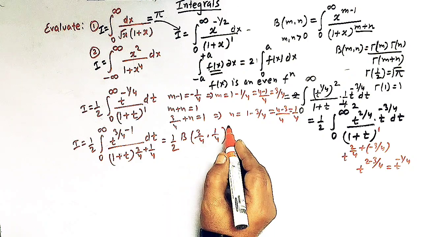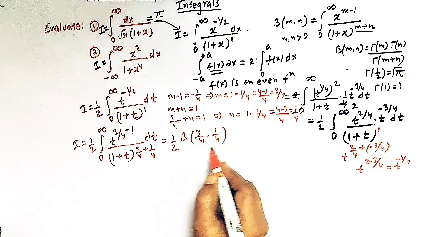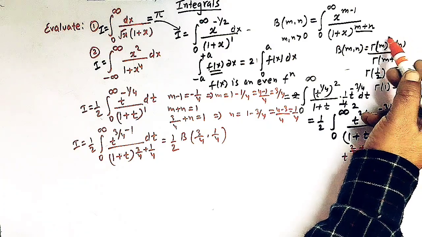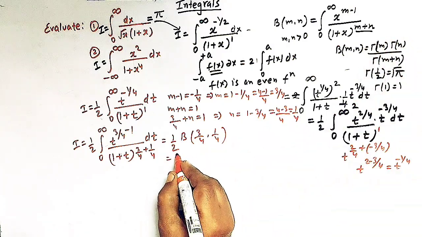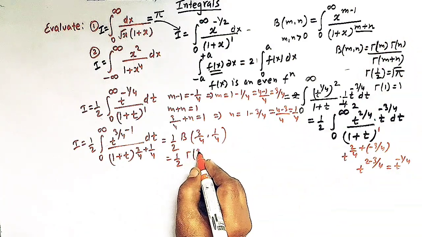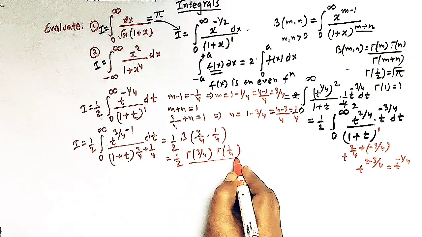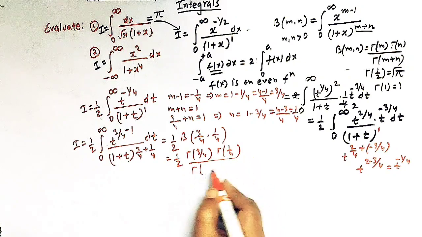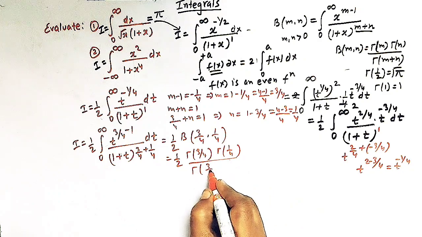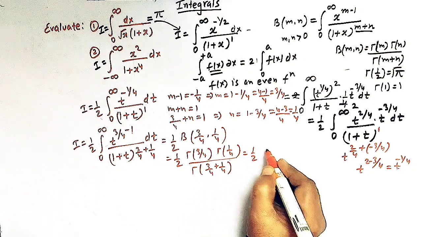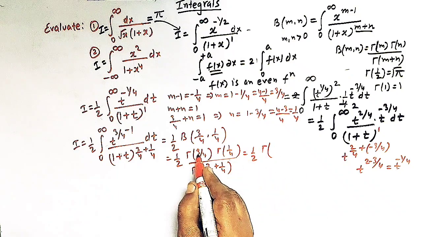So now to evaluate this expression, that is this beta function, we will again use this result. So we have half gamma 3 by 4 gamma 1 over 4 divided by gamma m plus n, that is 3 by 4 plus 1 over 4. So we have half, then gamma 3 by 4.